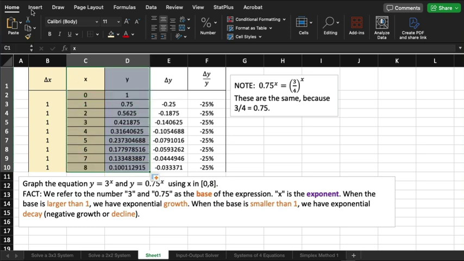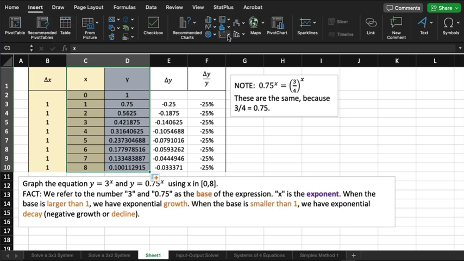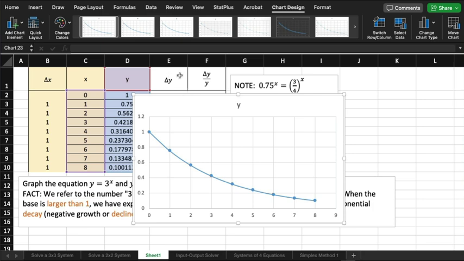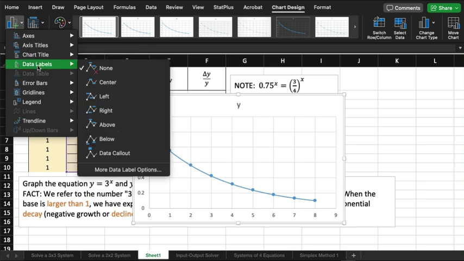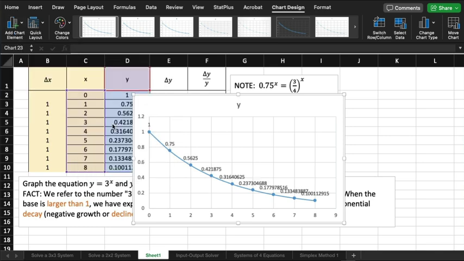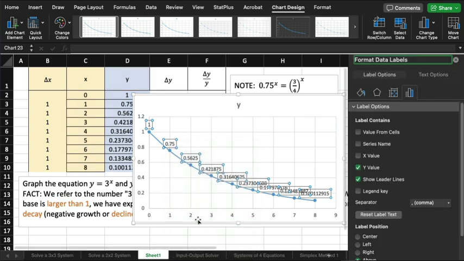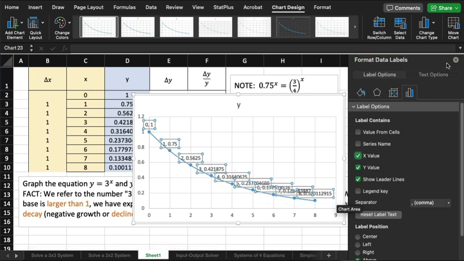Okay, so let's see a graph of this. And there's your graph. You can add a chart element, by the way. You could actually put your data labels on. We could put the data labels above the curve. So those are your y values there. We could format them so that it actually shows the x value as well.